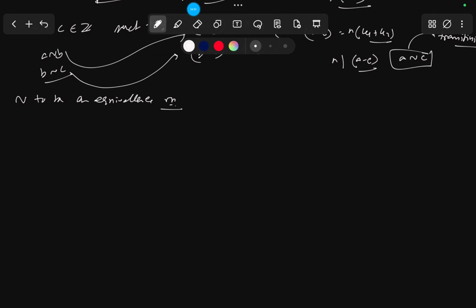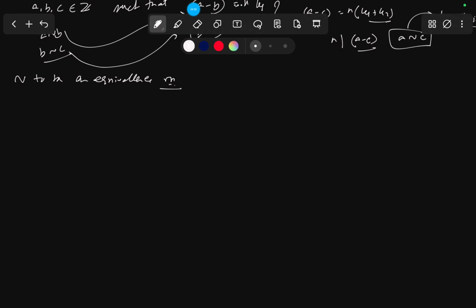So as it is an equivalence relation, we can speak about the equivalence classes, that is Z mod nZ. So the equivalence classes are basically given by the class of 0, class of 1, class of 2 and so on up to class of n minus 1. Right? So what are your equivalence classes?